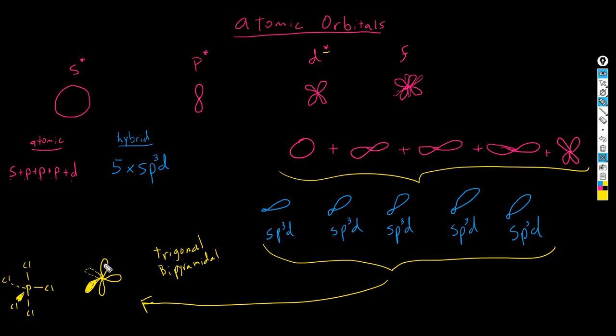Lastly, we have one more shape we haven't discussed, which is whenever we have a 6-bonded central atom, which is going to again require an expanded octet. So we're going to go ahead and erase this.